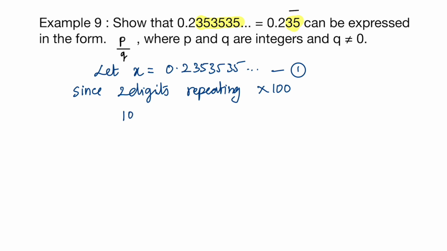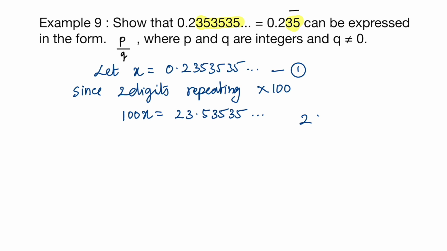So what would you get? 100x is equal to 23.53535. This is the equation that you get. Now as we just saw in the previous example which we just solved, how would you split it? We just want to substitute x in this equation, right? So you are going to separate this value in such a way that you get x clearly separated.